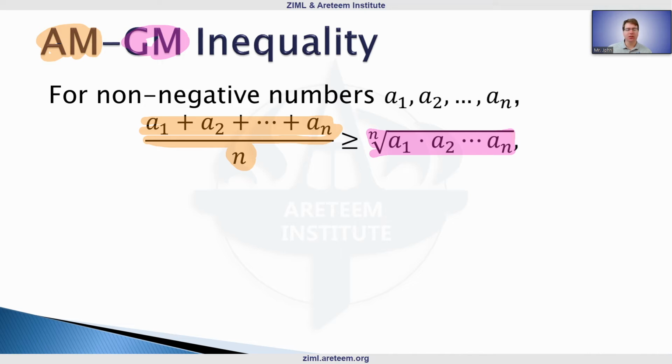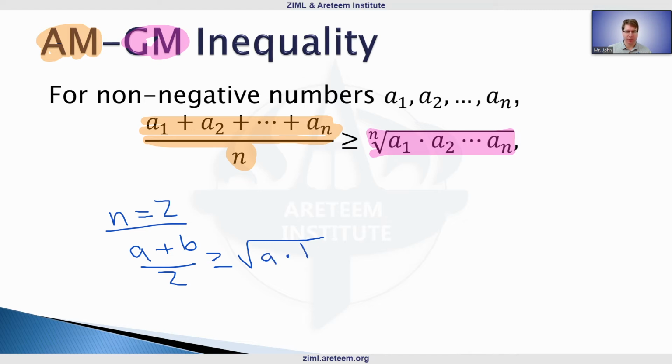So just to write out some quick examples of this, and we'll see this on the next page too. But when n is equal to 2, we have the average of two numbers, (a plus b) over 2. This is greater than or equal to the square root of their product, a times b in that scenario.